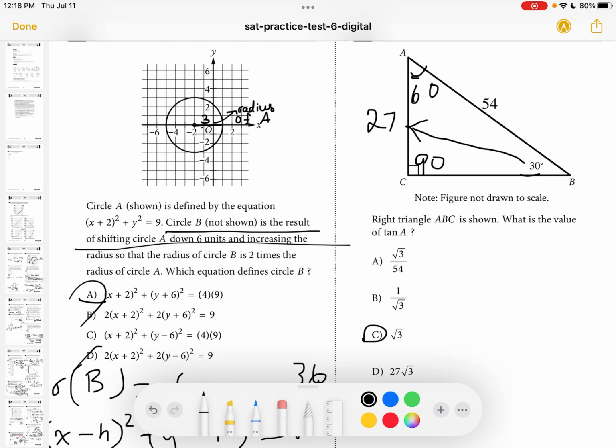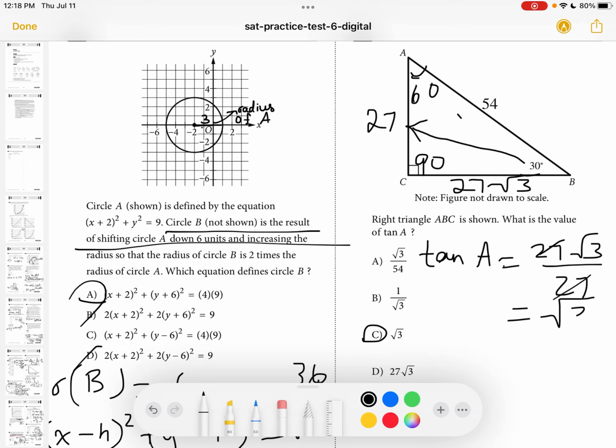And the longer leg would be root 3 times the shorter side, which is 27 root 3. Tangent of A is the opposite side over the adjacent side, which is 27 root 3 over 27, which is root 3.